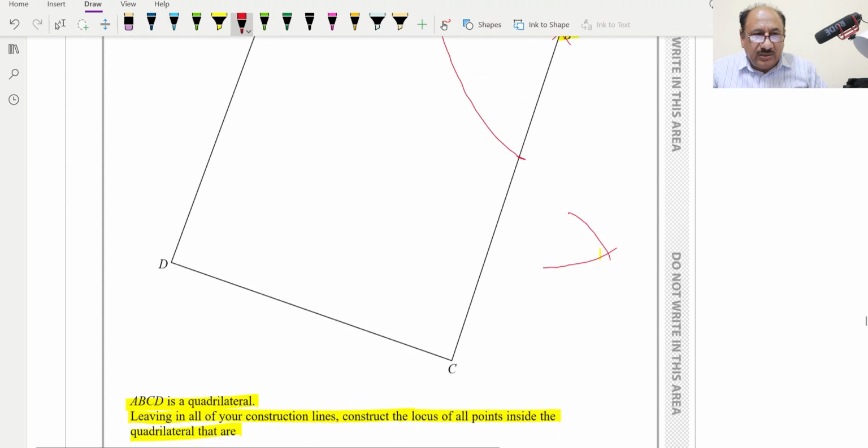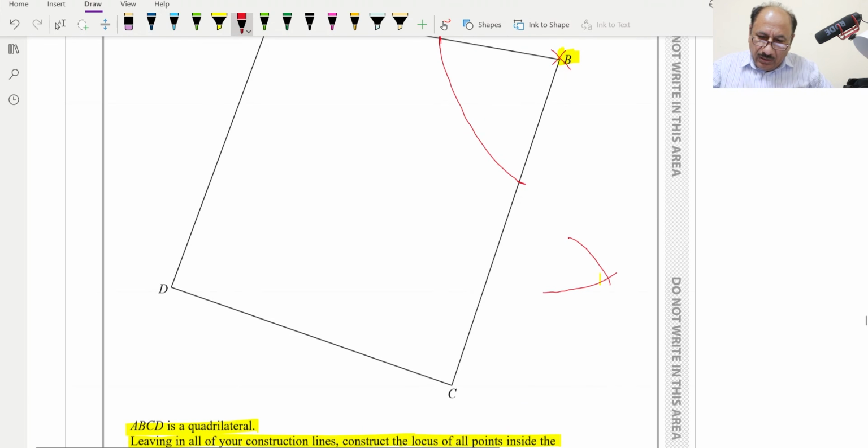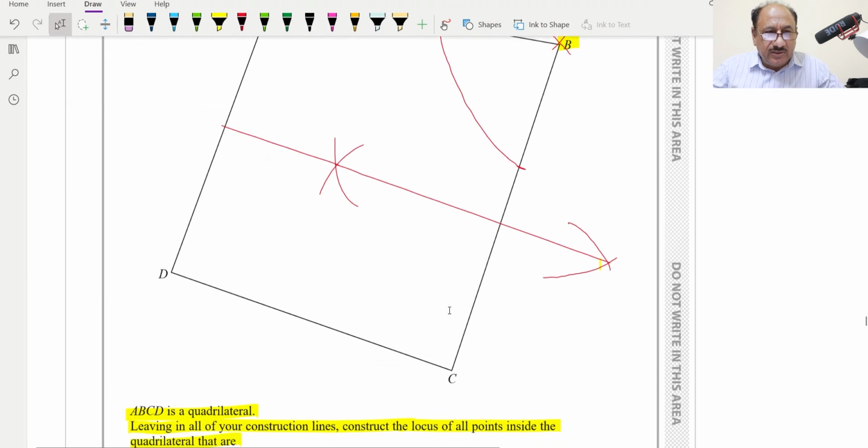After making these two arcs, and on this side also, you will be joining the points for the bisector. Roughly I'm drawing, hopefully you are understanding, so you will draw this bisector.